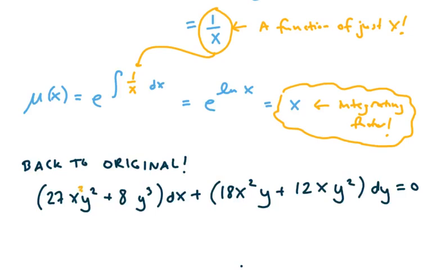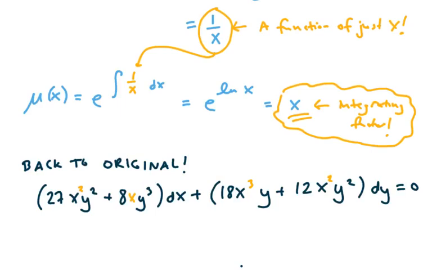My 8y cubed would become 8xy cubed. My 18x squared y would change now to an 18x cubed y. Better just erase that. 18x cubed y. And my 12xy squared becomes 12x squared y squared. So every term was multiplied by that integrating factor.